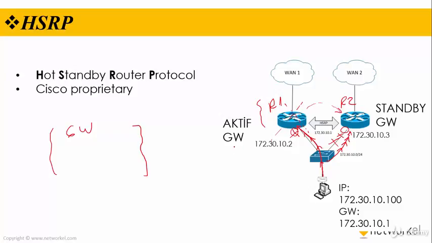And if I configure preemption on router 1, for example, let's say that I have fixed the power unit problem, and I configure the preemption as well, this router will become the active gateway again, and this one will act as a standby.